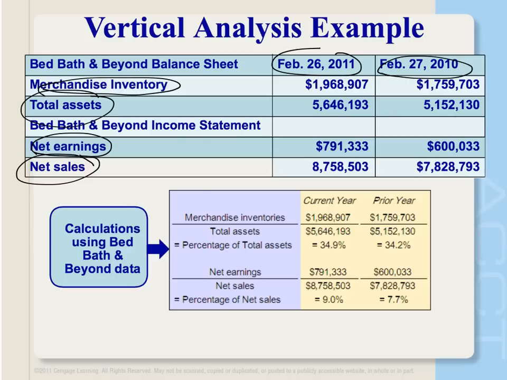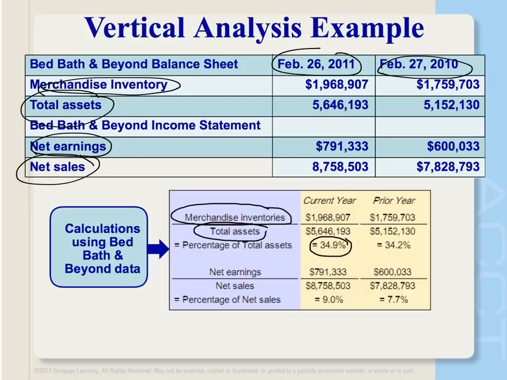Remembering that the formula for vertical analysis is the account balance, in this case, it's merchandise inventories. We're going to divide anything on the balance sheet by the total assets, which gives us 34.9%.